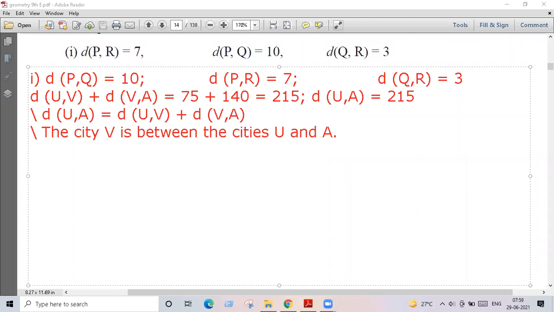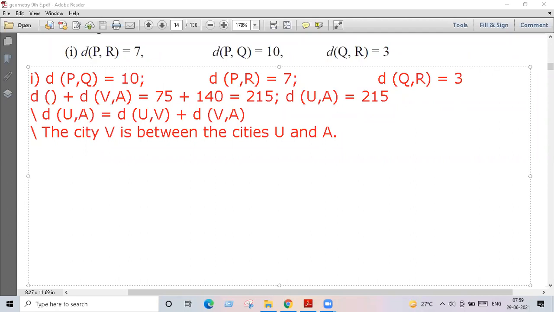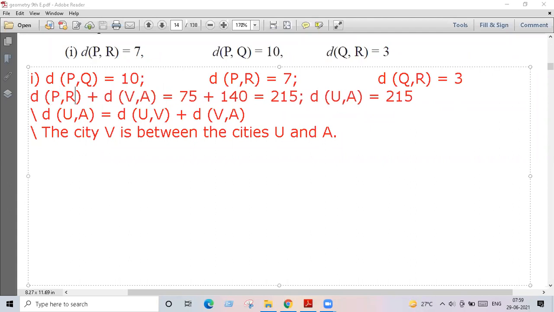Therefore, now PQ is the greatest distance. The biggest distance is PQ, therefore we will add the smaller distances. The smaller distances are PR and QR.